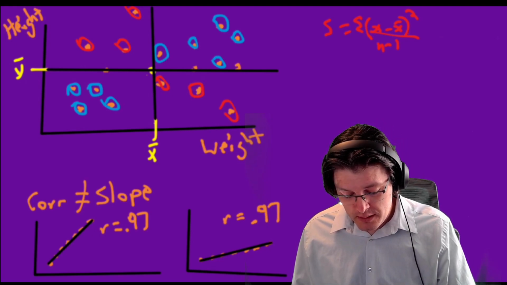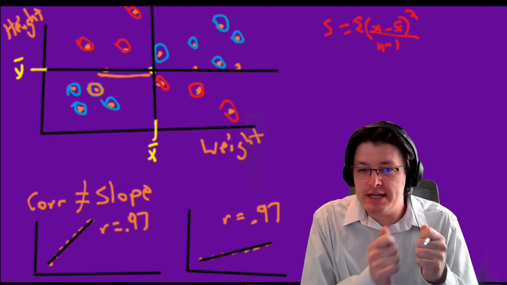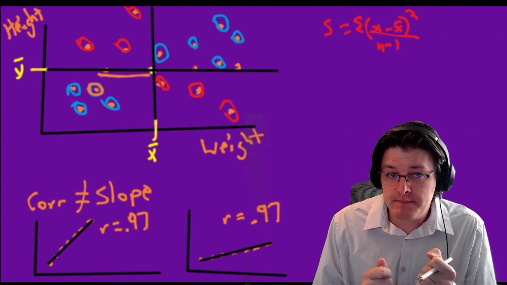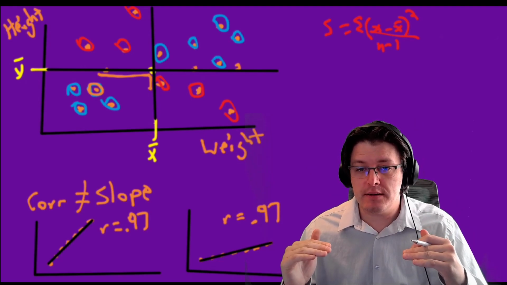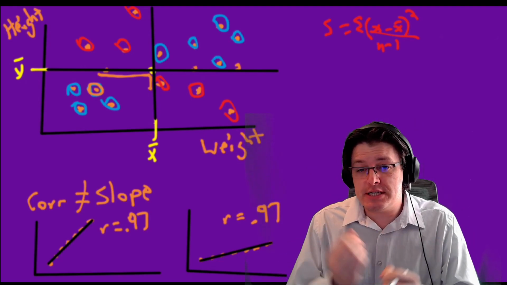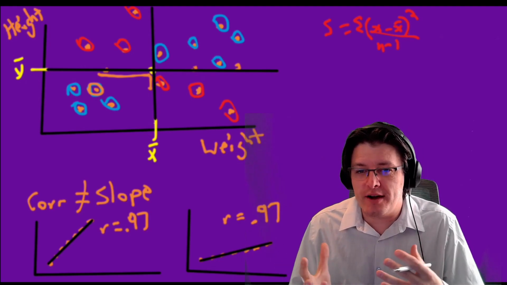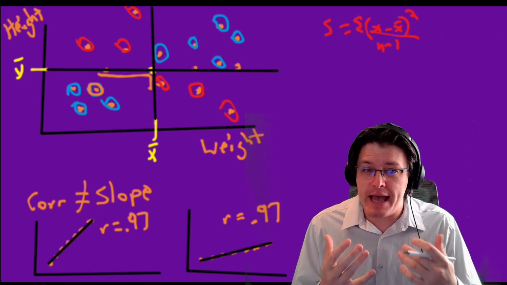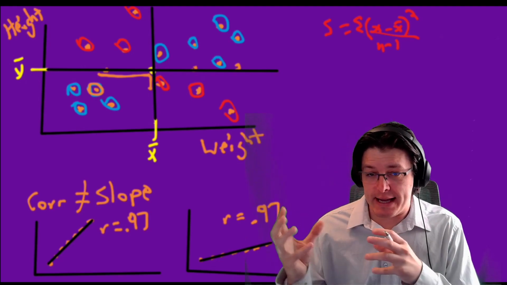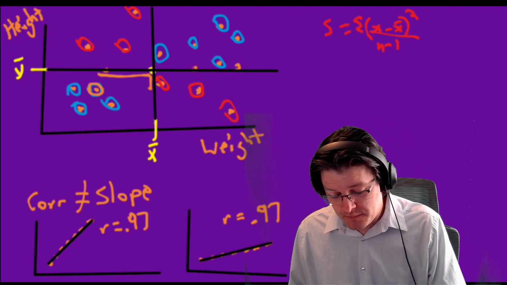So this data point deviated a certain distance from the x mean, but it also deviated a certain distance from the y mean. So we have 2 deviations to mix up. So rather than squaring the deviation from the x, we're going to take the deviation from the x and multiply it by the deviation of the y.